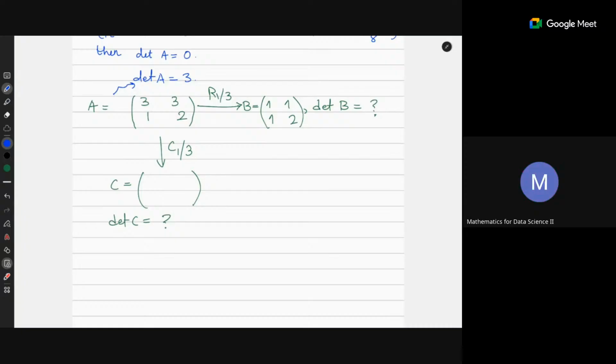Those who are saying 1 by 3, we need to just recalculate the computation. And what is the determinant of B? 1. Yes, sir, it is 1. Right? It is 1.